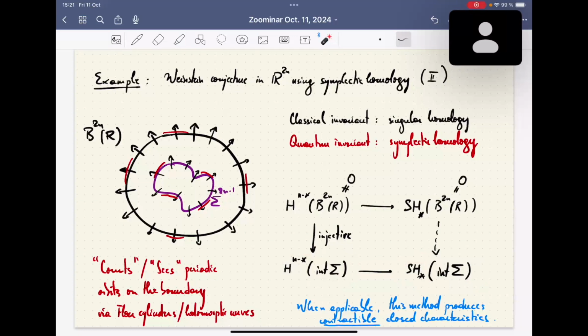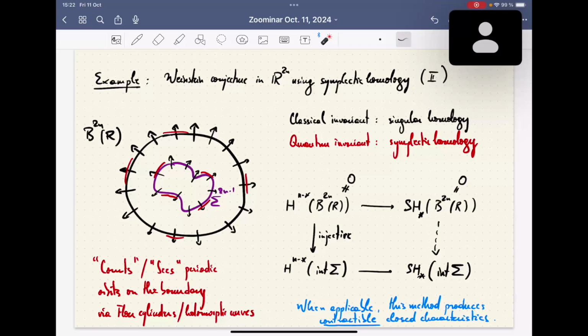Let's compare. On the one hand, we can enclose the hypersurface in a big ball. So we have something that we understand very well, namely the symplectic homology of the ball. It happens to vanish. And the homology of the ball itself, which is non-zero. On the other hand, the map induced in homology from the ball to the interior of the hypersurface certainly is injective because the ball has homology supported only in a single degree.